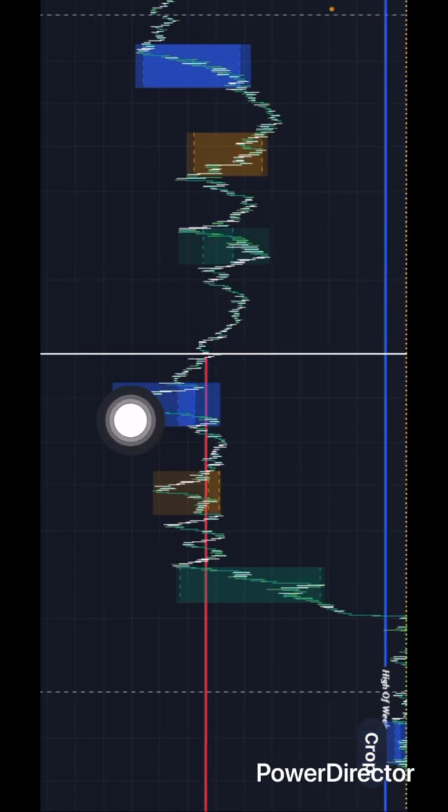You can see here in Asia that we trade through the low of the previous day, okay? We go down just a little bit lower before trading right back to the other side of the range, making a new high of the day, okay? Pulling back, putting in a higher high.